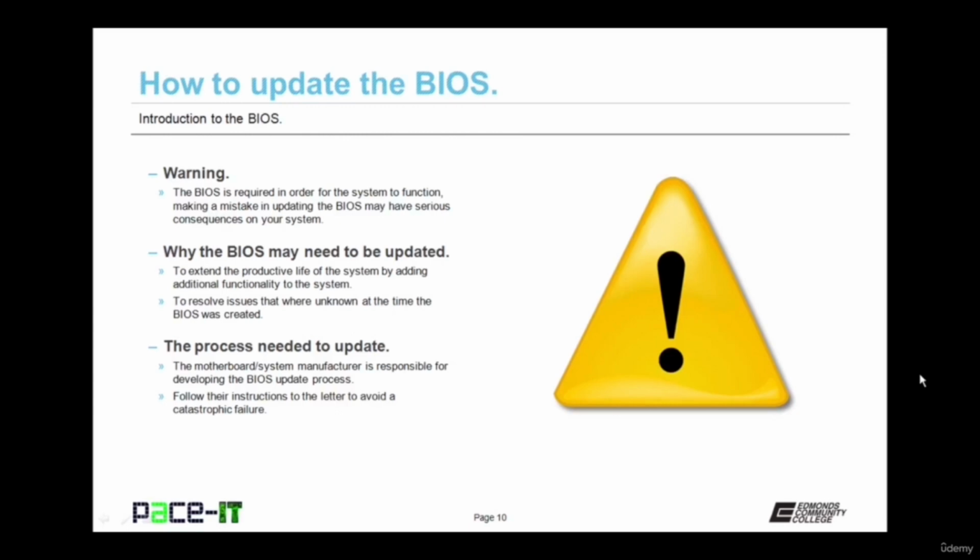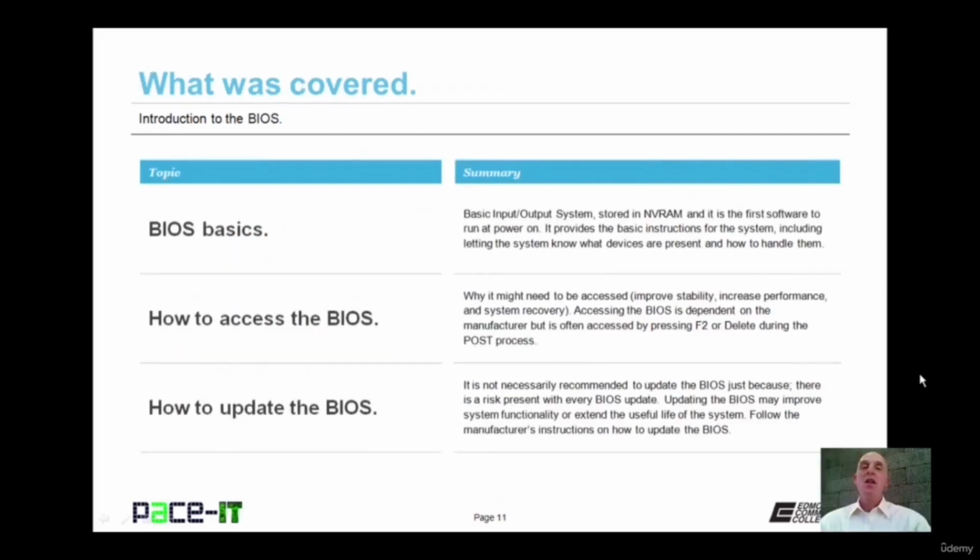Well, the motherboard or system manufacturer is responsible for developing the BIOS update process for each motherboard. So in order to update the BIOS, you need to follow the manufacturer's instructions to the letter to avoid a catastrophic failure.